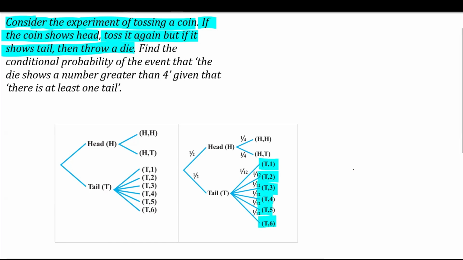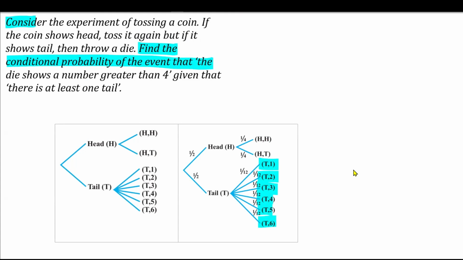Now, once we have obtained these, let's write down what we have to find. It says: find the conditional probability of the event that the die shows a number greater than 4, given that there is at least one tail. A number greater than 4 are these two. And the given condition is at least one tail, which are these.